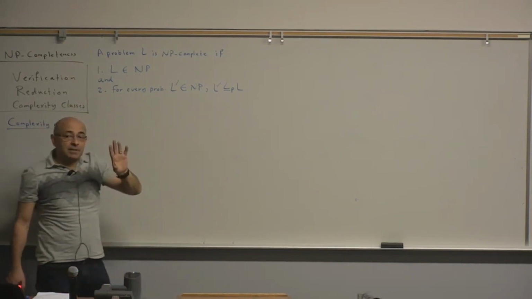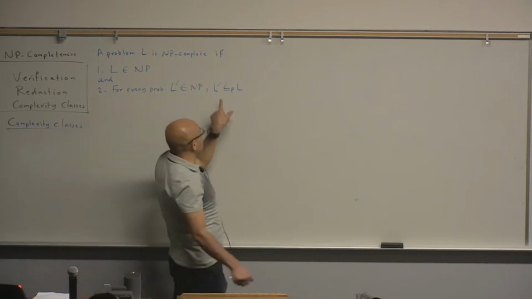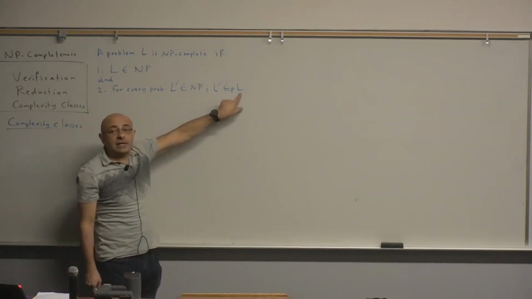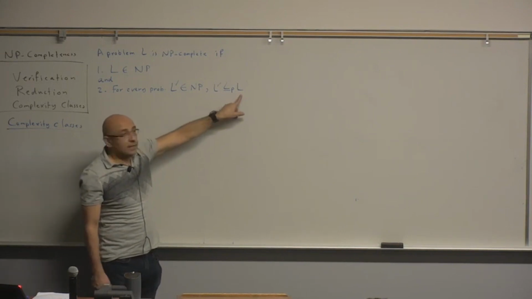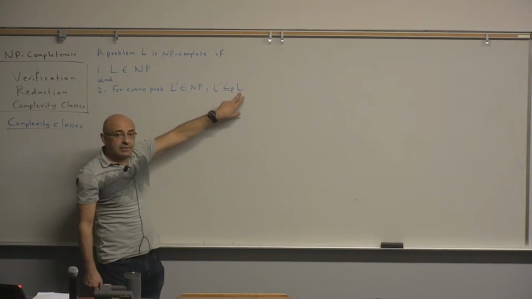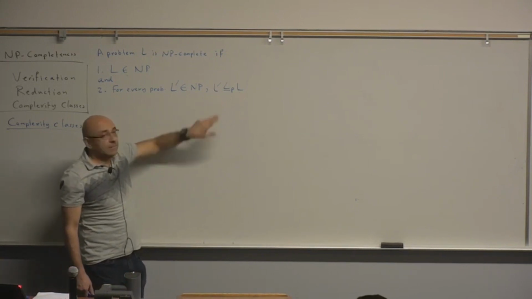Any problem in NP can be reduced to this problem, which means that any problem in NP is less than or equal to this L in the level of difficulty. Or in other words, L is at least as hard as any other problem in NP.